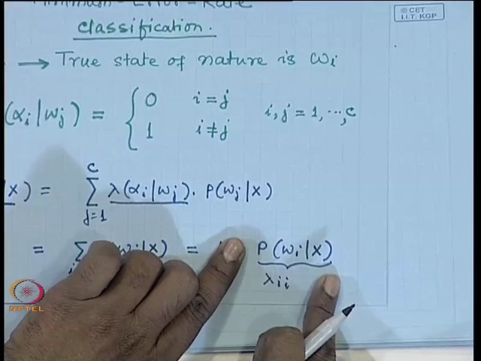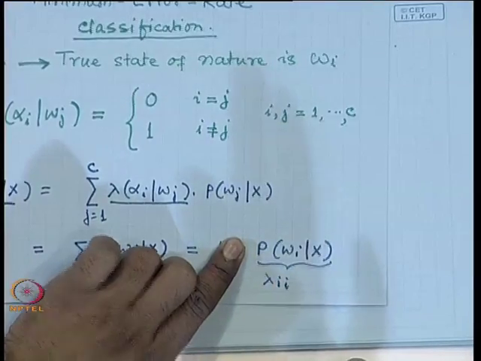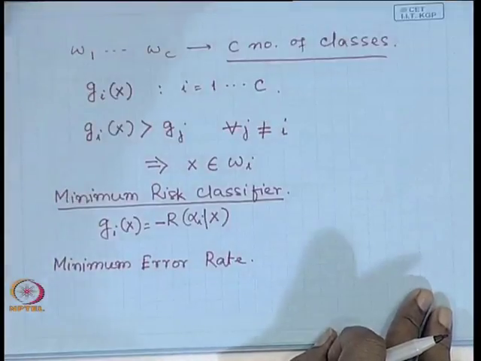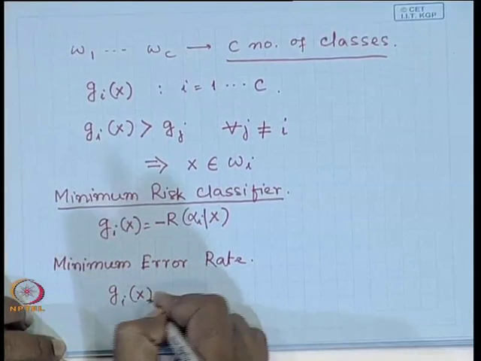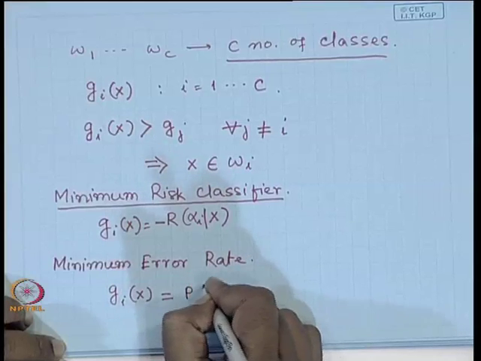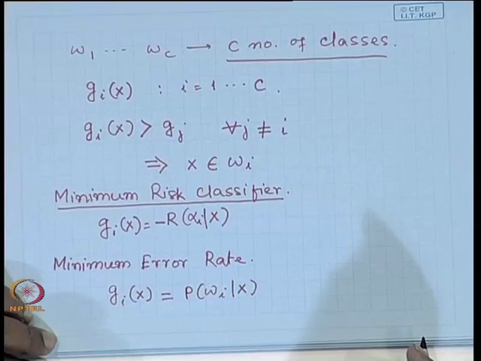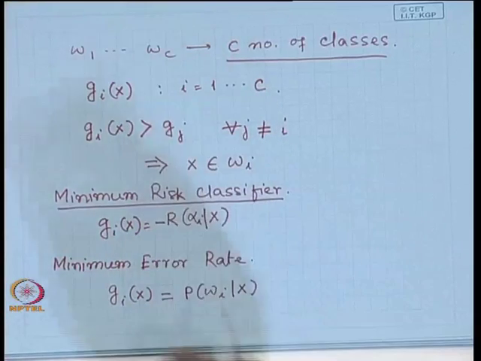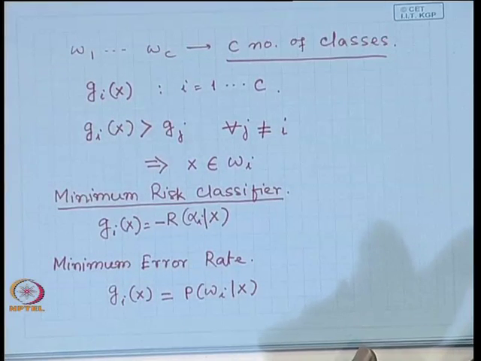So, I can simply equate g i x to P of omega i given x. So, I can have the discriminant functions like this, and for multiple classes, for whichever class the value of the discriminant function is maximum, I put x into that particular class.